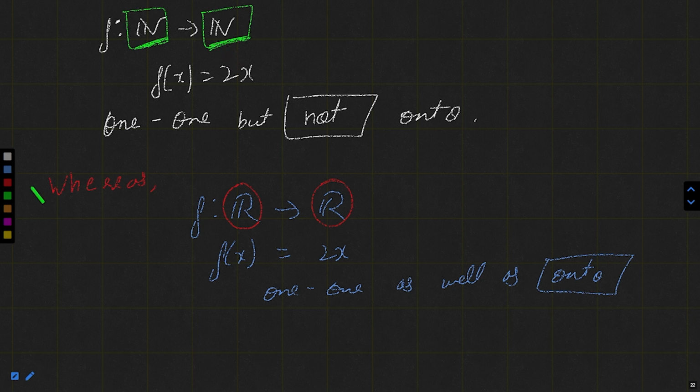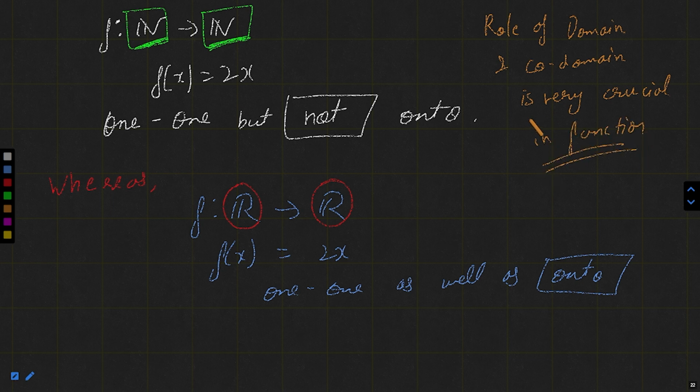So the main point to highlight here is that the role of domain and codomain is very crucial in functions.